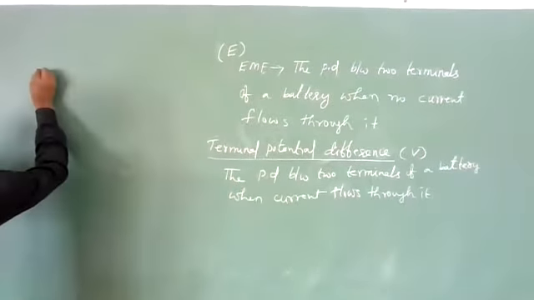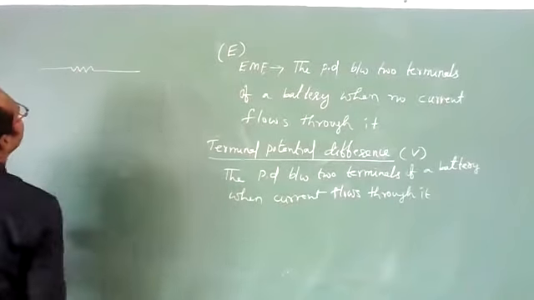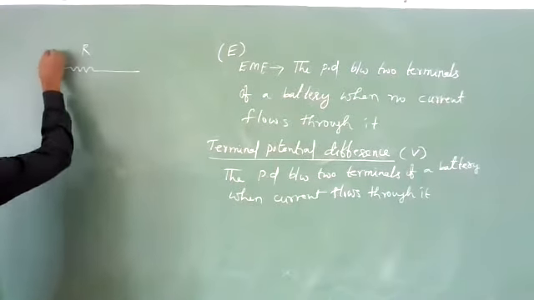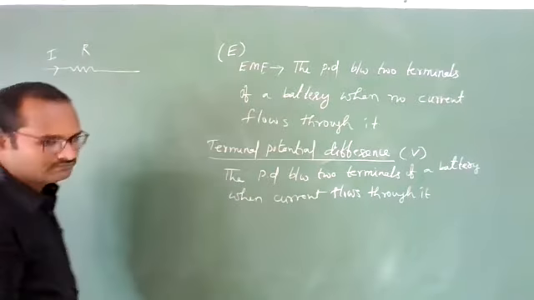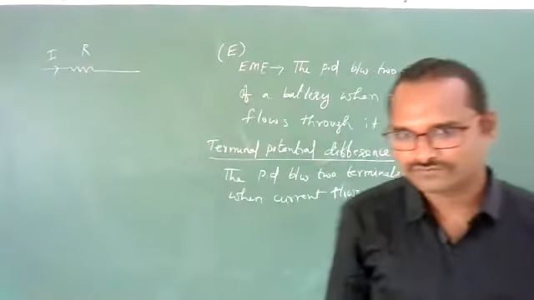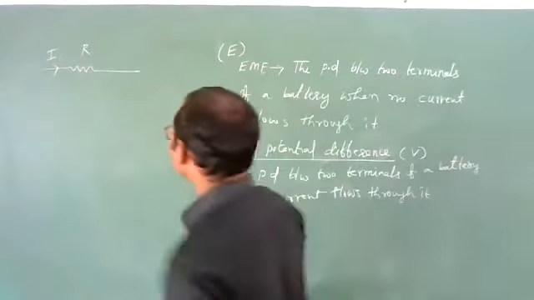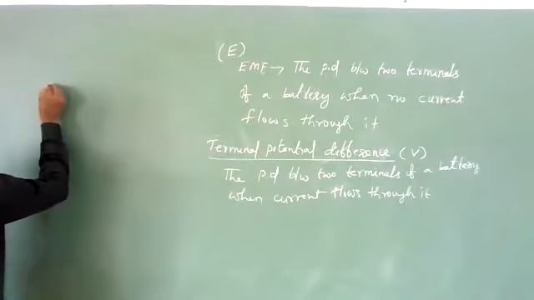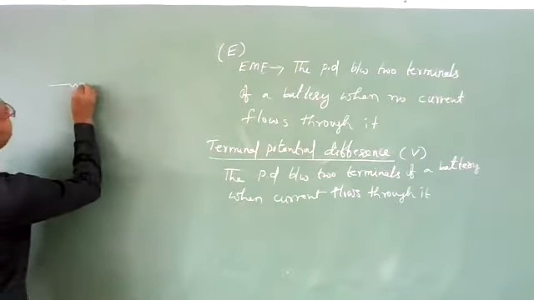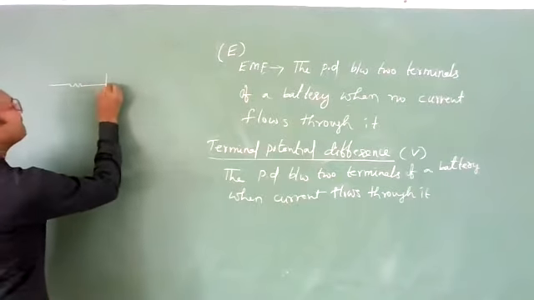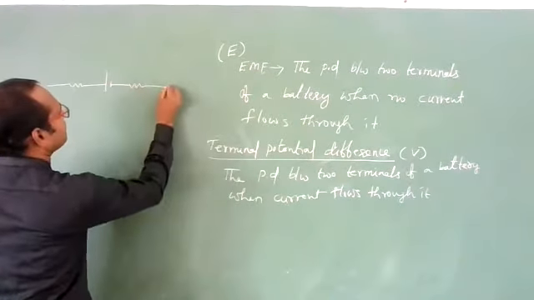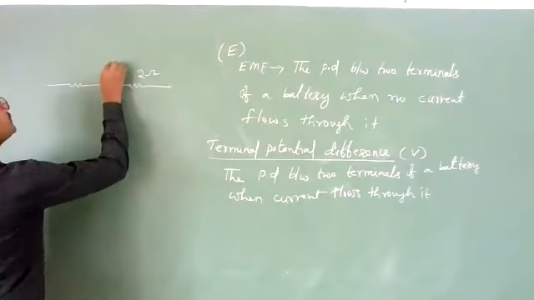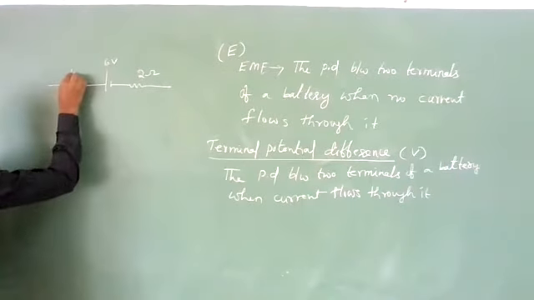Students, let us suppose here we have a resistor R, and across this resistor some current I is flowing. Here, let us suppose this is 2 ohm, this is 6 volts, and this is 1 ohm.